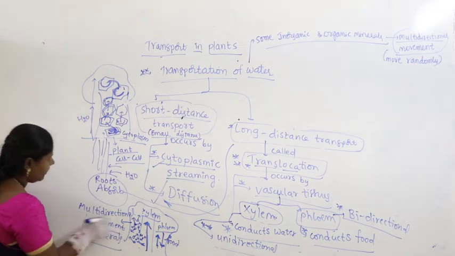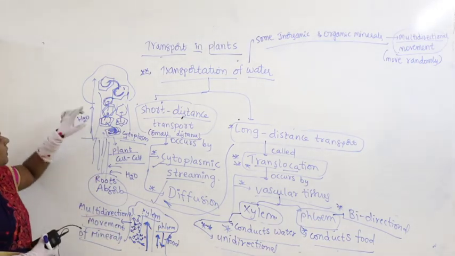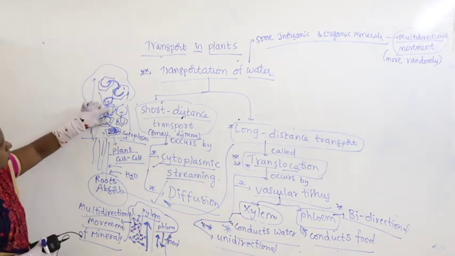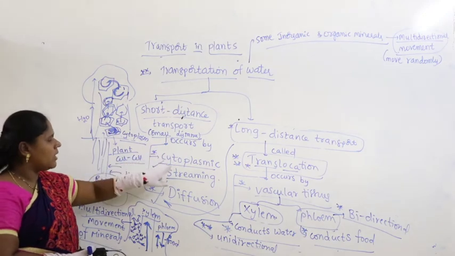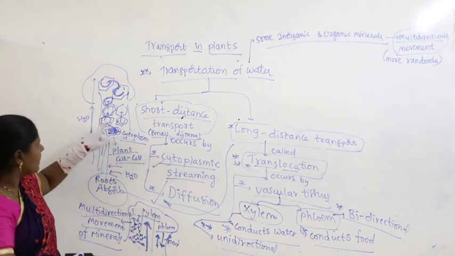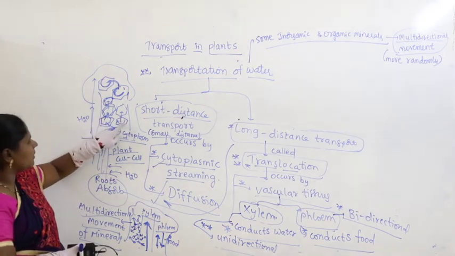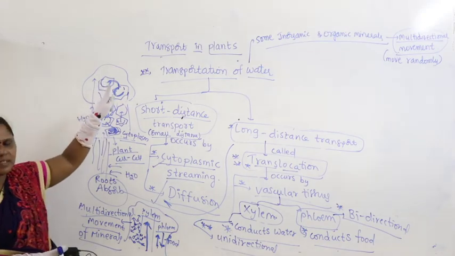Now, hopefully you got it, right. So, I repeat again. Within the plant, cell to cell transport is called short distance transport for a smaller distance, and it occurs by cytoplasmic streaming or by diffusion. Cytoplasmic streaming means the cytoplasm keeps moving either in a clockwise or anti-clockwise direction.